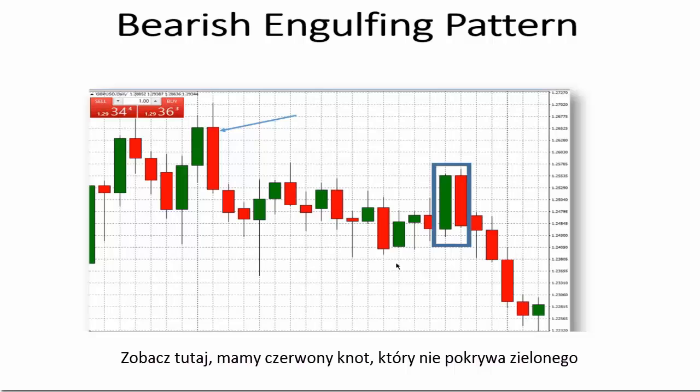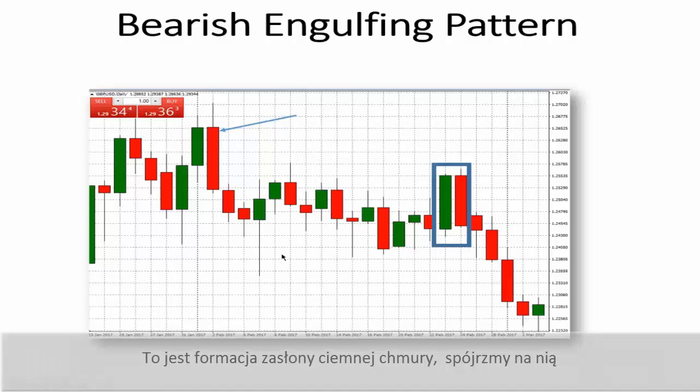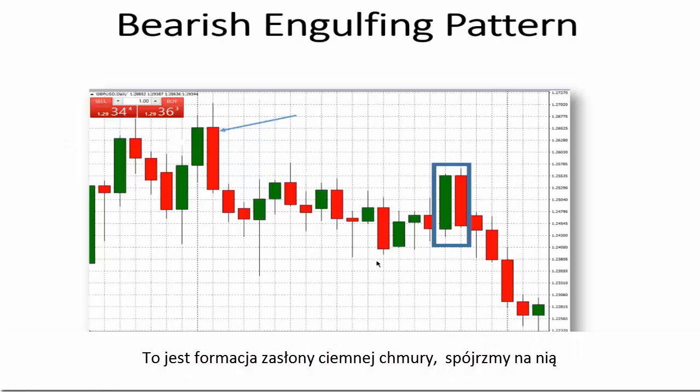Now, notice this. Here we have a red real body that does not quite wrap around the green real body. It gets deeply into it. This is actually called a dark cloud cover, and we're going to look at that now.